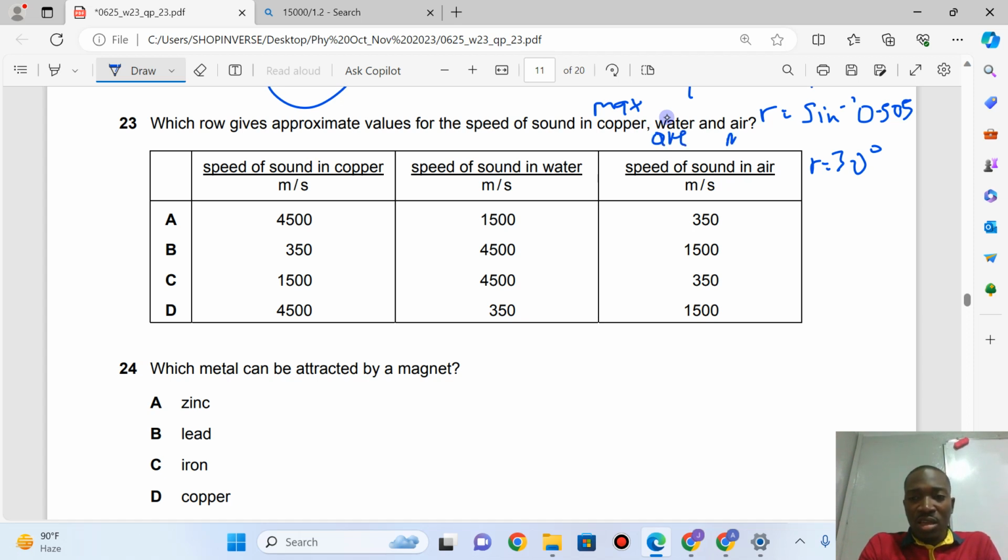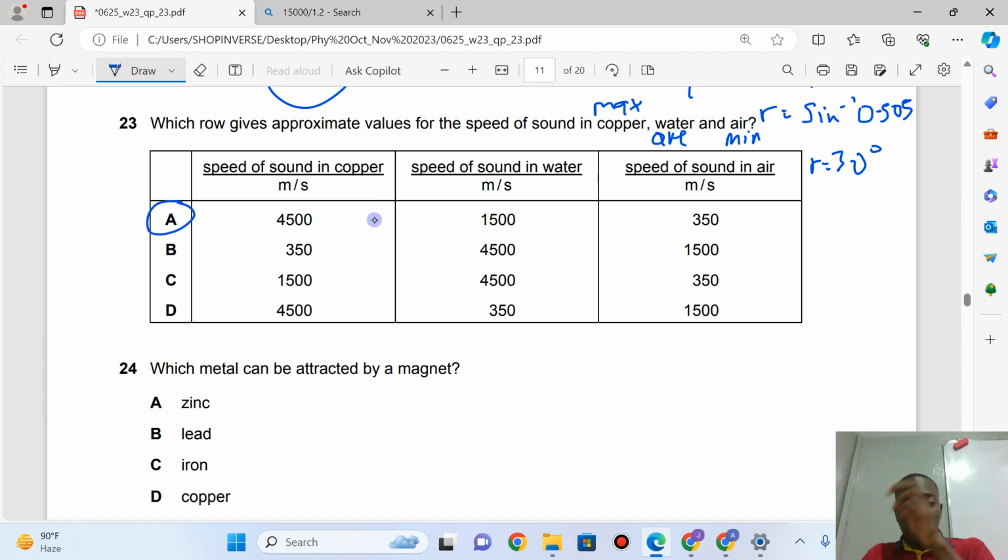Then air must be the smallest. So the trend is maximum for copper, average for water, minimum for air. Which makes option A the most reasonable answer.